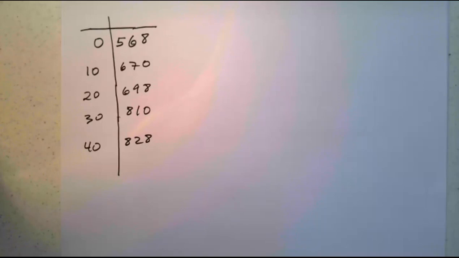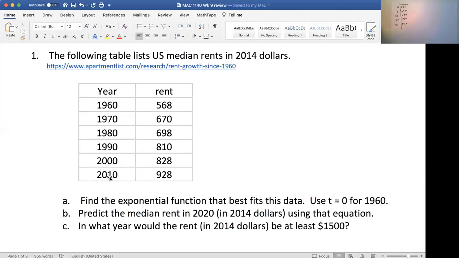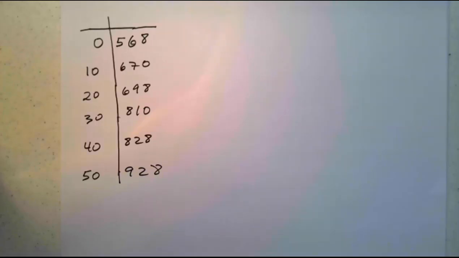And finally, we have 2010, 50 years, 928. So those are the points that we want. Again, T is years since 1960. Y is rents, or X and Y if you prefer. So those are all of our values.